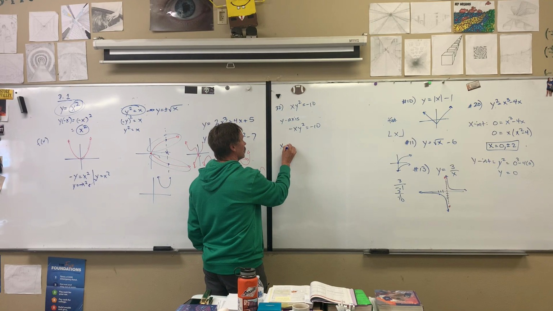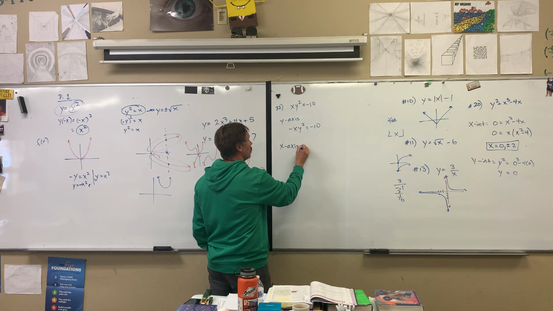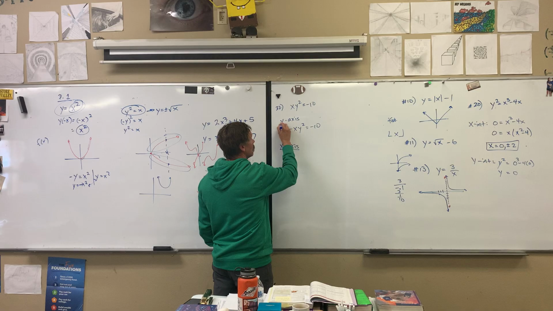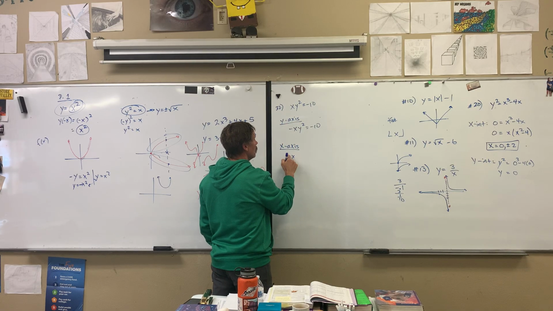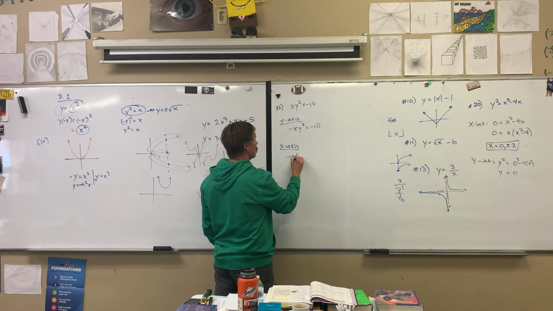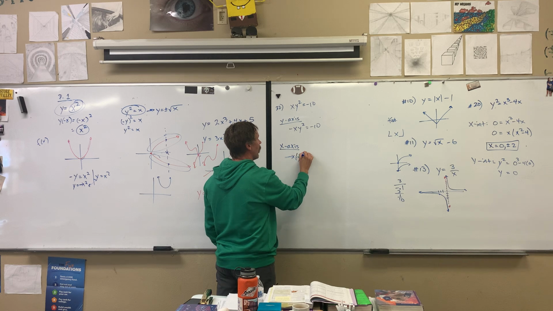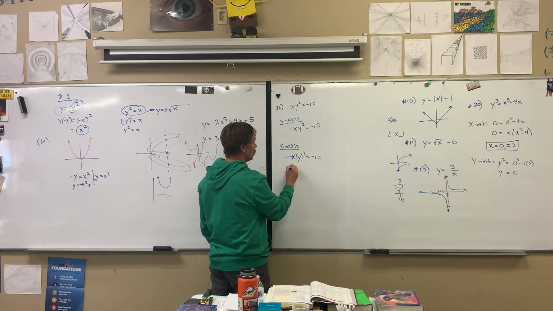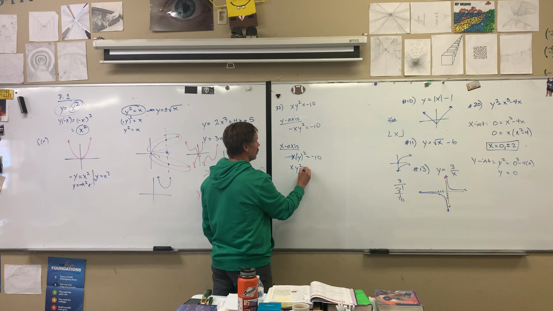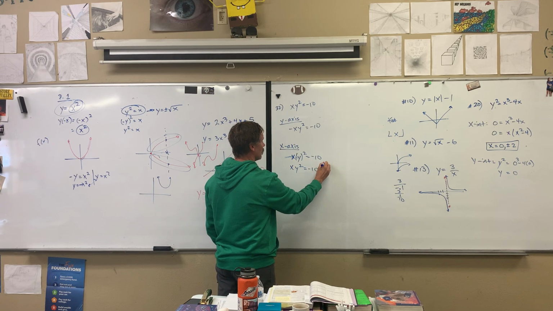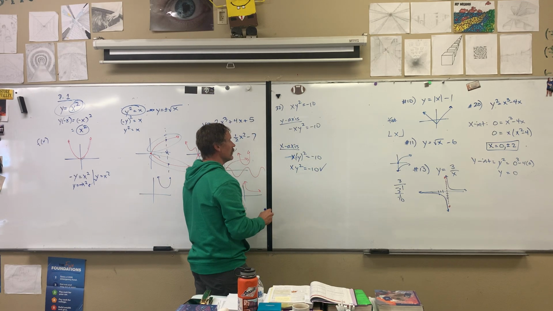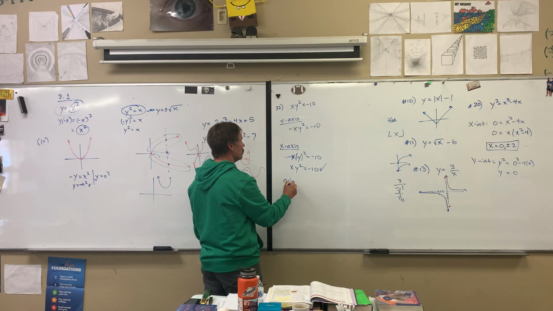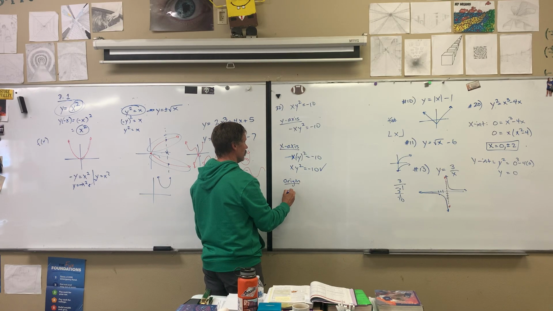The x-axis, what do we plug in for? Negative y. Yep, so x would stay the same. Now when you plug in a negative y, what's a negative y squared give you? Yeah, it's just y squared. So is it symmetrical in the x-axis? Yes. And the origin, what's the origin going to be?